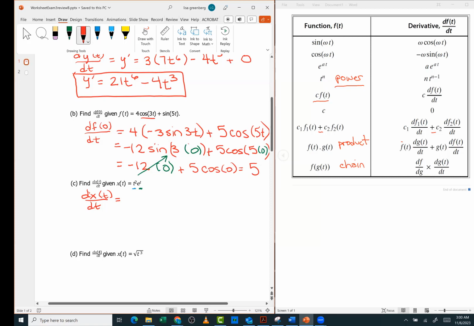What I usually do is I put a line down my paper and I have to use my product rule. The product rule says f g.